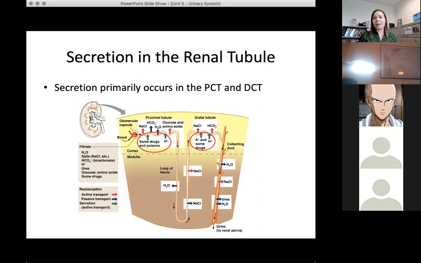A main example of this would be drugs or medications, antibiotics. They attach to the large proteins in your blood. And because those proteins don't get filtered, these don't either. So if there's too much of a drug, if it starts to build up in the blood, it gets secreted into the filtrate. So that allows you to get rid of it.